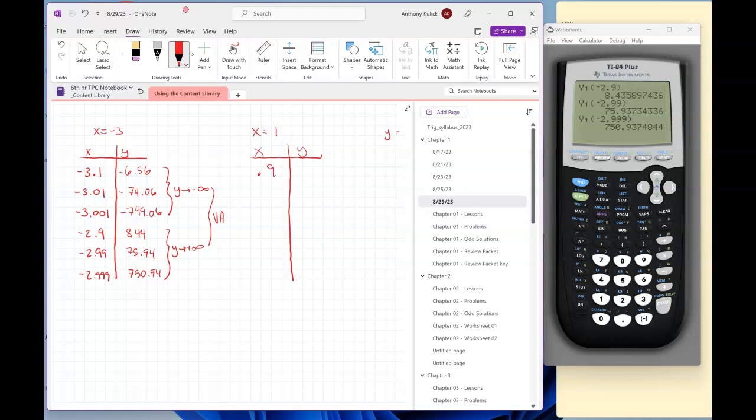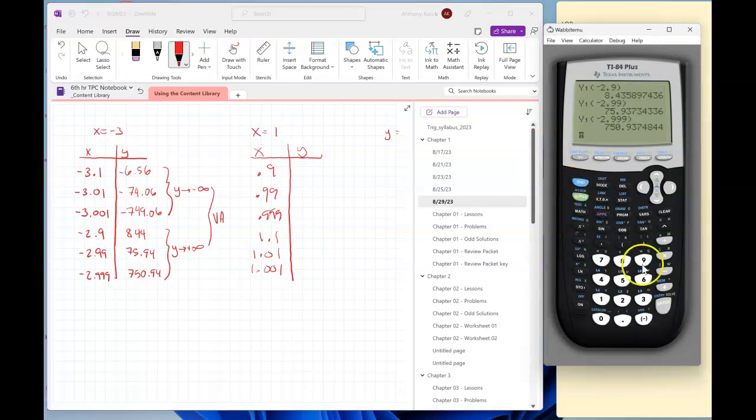So maybe 0.9, 0.99, and then 0.999. And then we'll do some values that are a little bit bigger than 1. And again, progressively getting closer to 1. So far, so good.